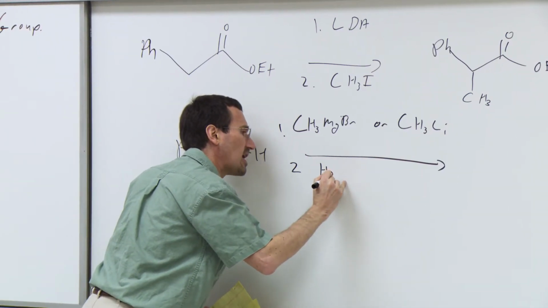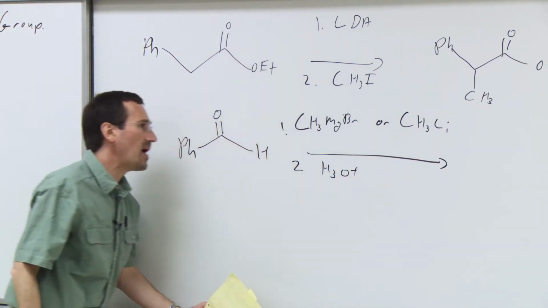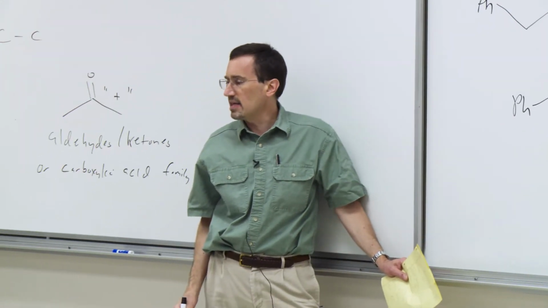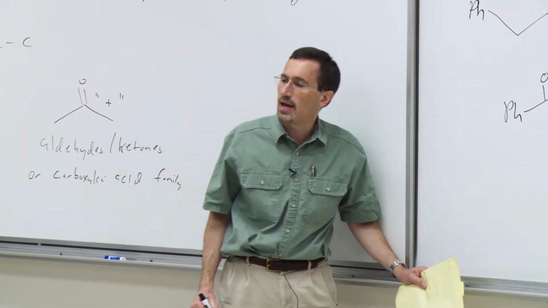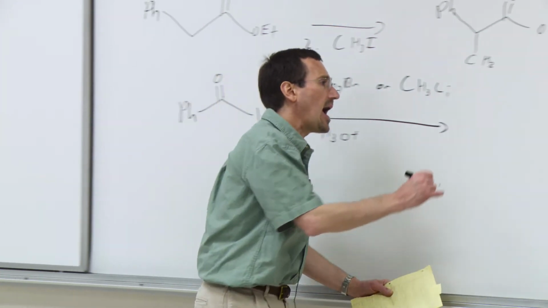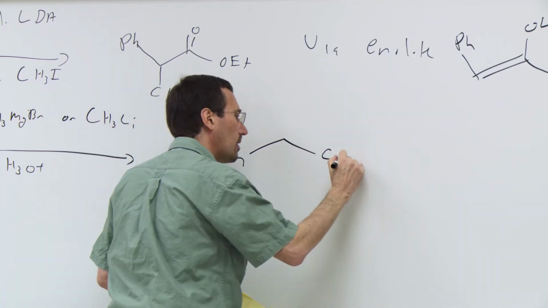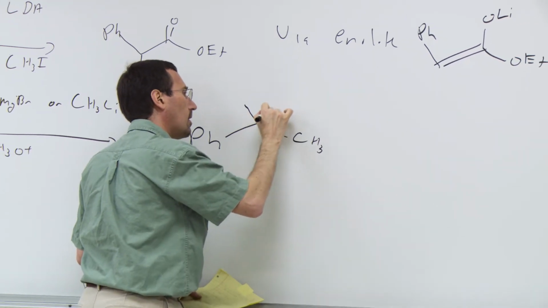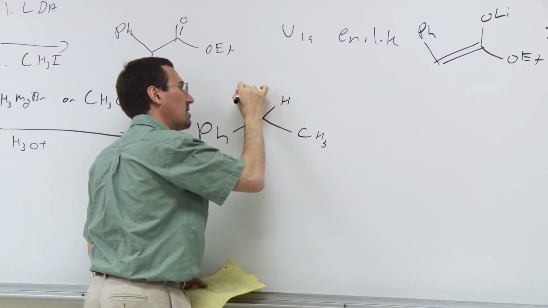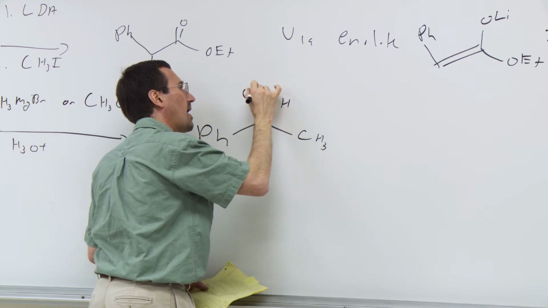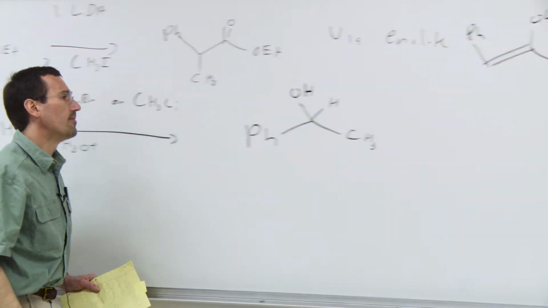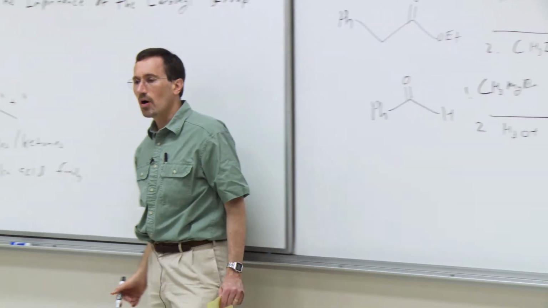So if in the first step I add methyl magnesium bromide or methyl lithium, and in the second step I carry out an aqueous workup, I add an equivalent of my methyl lithium or methyl magnesium bromide to the carbonyl compound to get the corresponding alcohol.